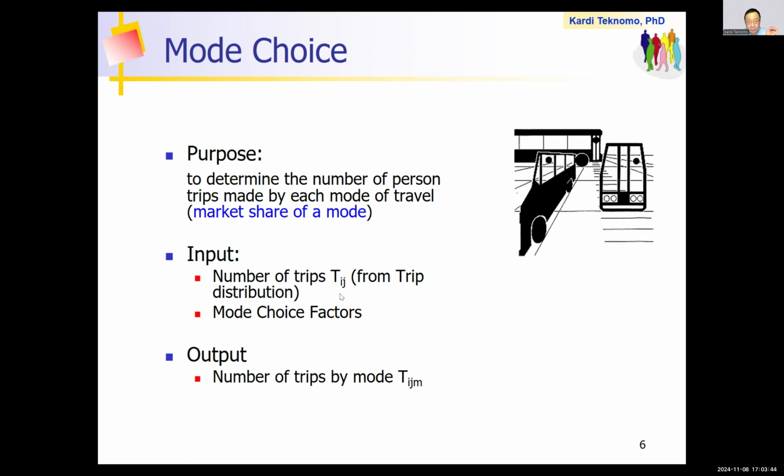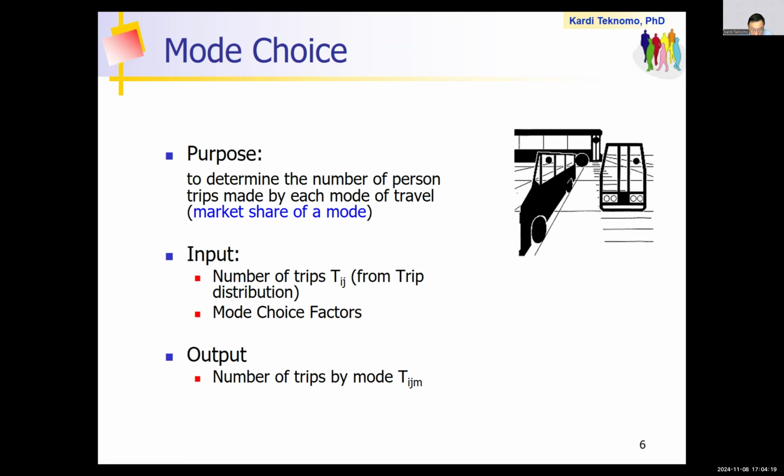So Dij, where i is the origin and j is the destination. Of course, you have many mode choice factors. The output will be the number of trips by each mode. Mode here could be vehicles, pedestrian, bike, bus or train.